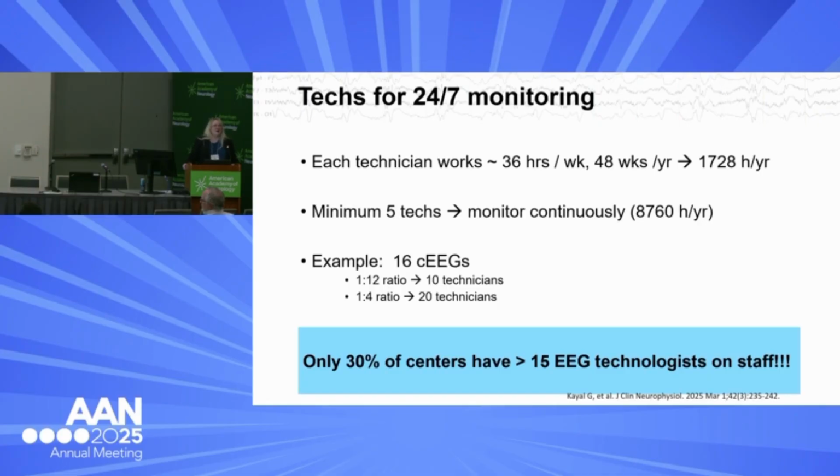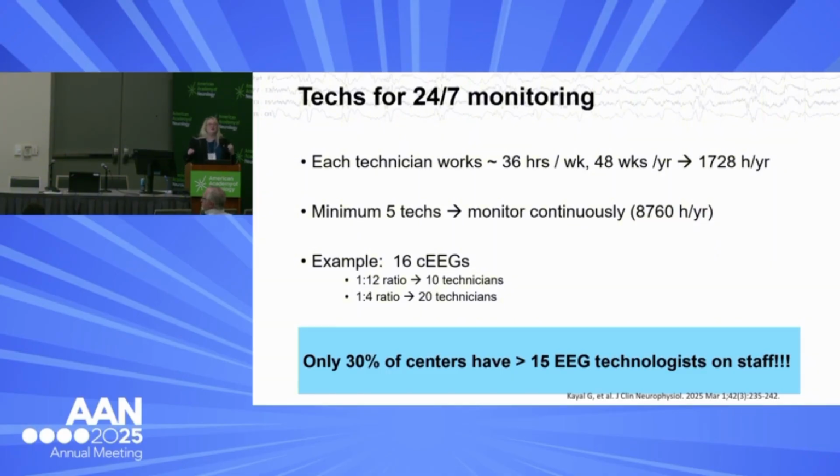I would say an even more significant issue is the availability of technologists. So each technologist, if you estimate that they work about 36 hours per week, 48 weeks per year, because you've got to give people vacation and sick leave, that means they're going to work 1,728 hours per year. That means that you will need a minimum of 5 technologists to monitor your EEGs continuously, 8,760 hours per year.